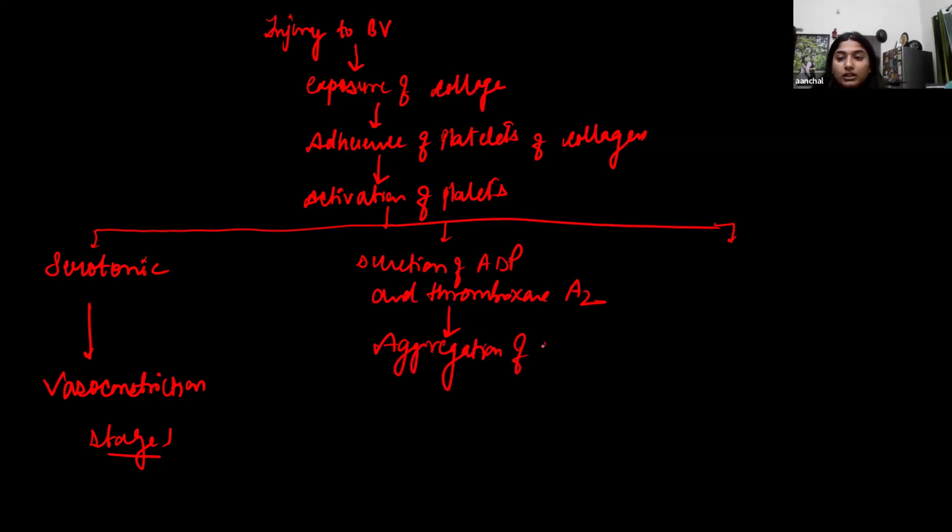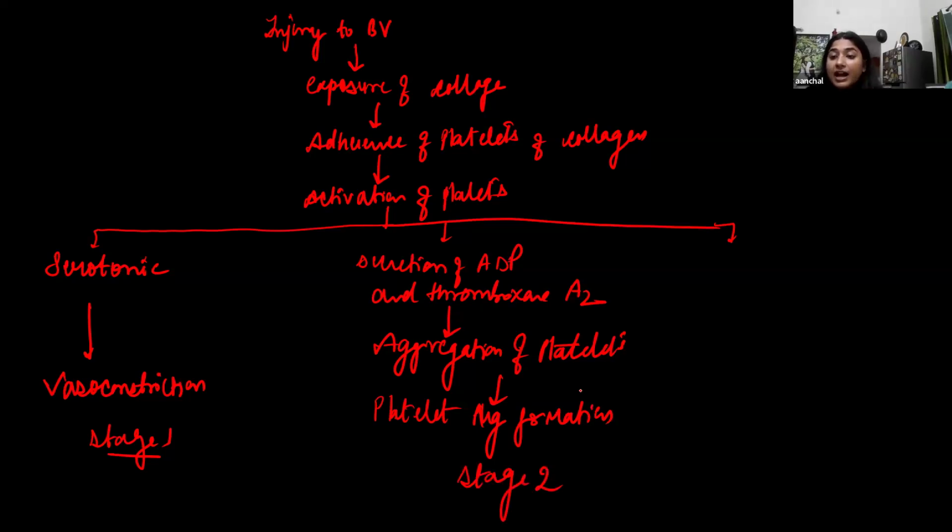As more and more aggregation of platelets occurs, it will lead to formation of the temporary hemostatic plug. So platelet plug formation will occur. This is stage 2, where the temporary hemostatic plug has formed.